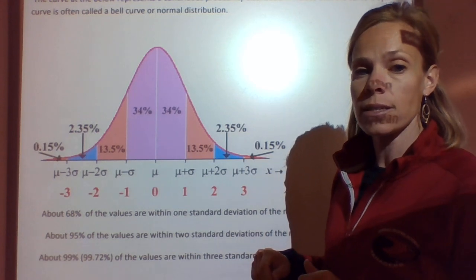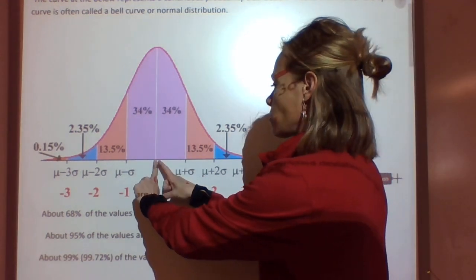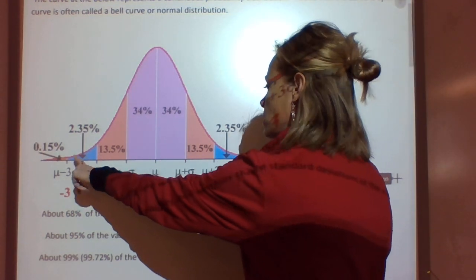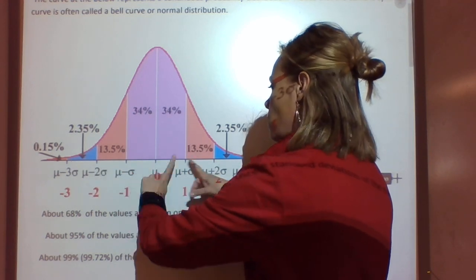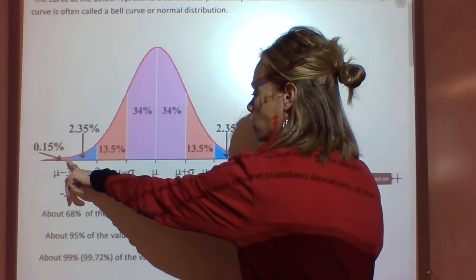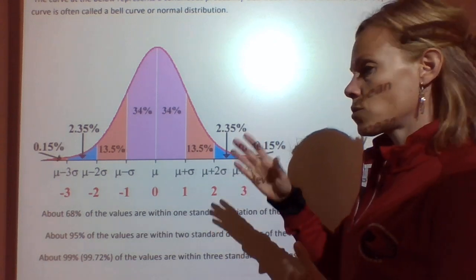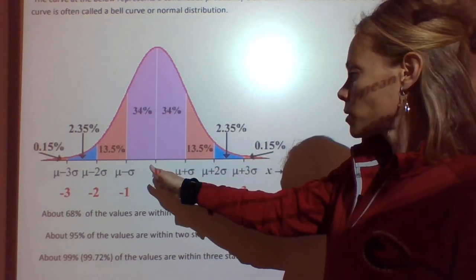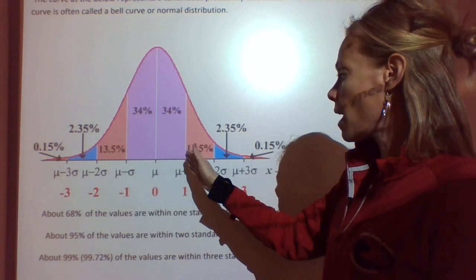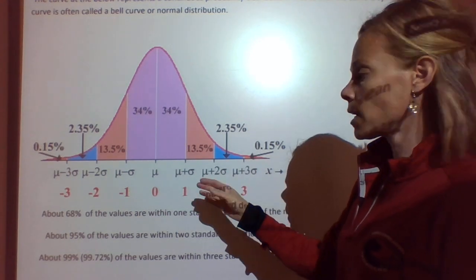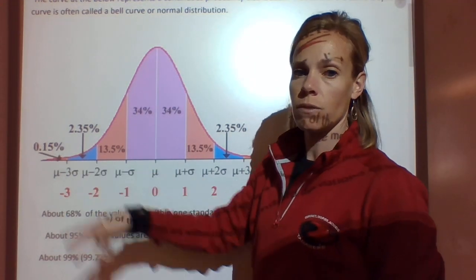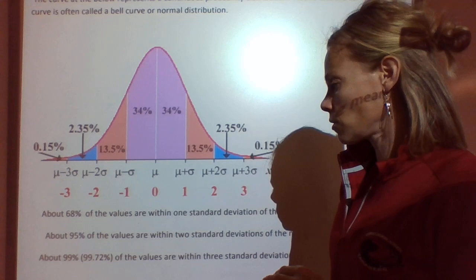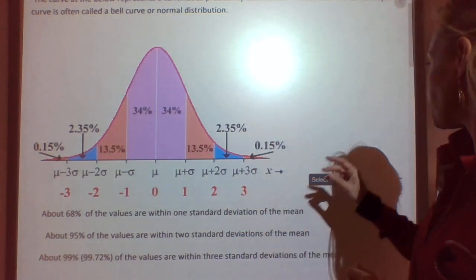It's also defined as an outlier. So my graph only goes 3 standard deviations from the mean, and that would be to the end of those blues right there. So when you set up a normal curve, you always put the mean in the middle, add 3 standard deviations to the right, subtract 3 standard deviations to the left. And I'll show you what I mean by that with an example.